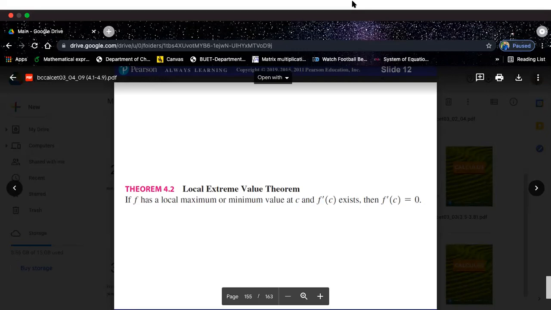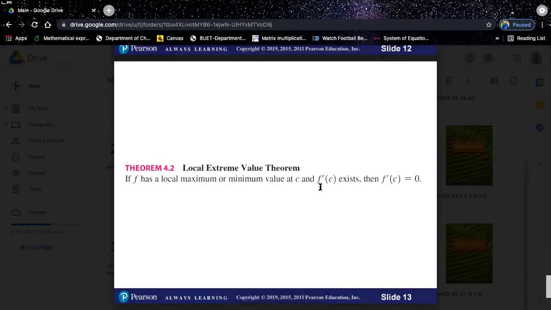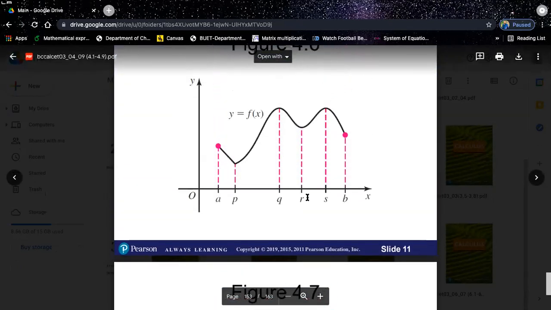Okay, that's pretty interesting. You might be struggling to understand the algebraic statement of this theorem, but it's really intuitive to understand it from the graph.